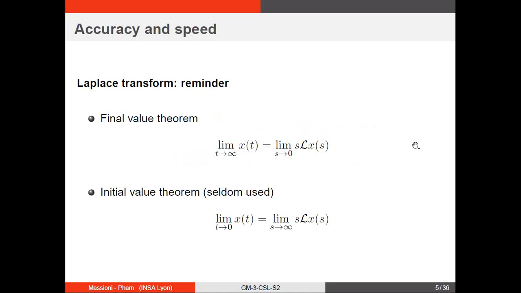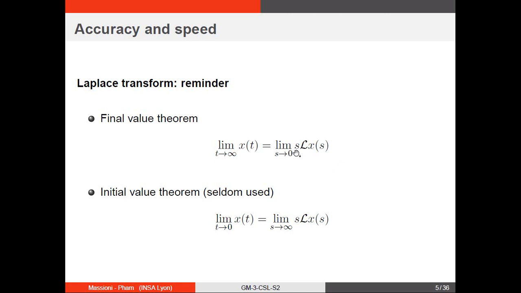And in order to do this, typically we rely on the final value theorem, which we already saw in the first class, which basically says that if you have a signal, the final value of the signal, if it exists, I stress, if it exists, the limit for t going to infinity of x(t) corresponds to the limit of s going to 0 of s times its Laplace transform.